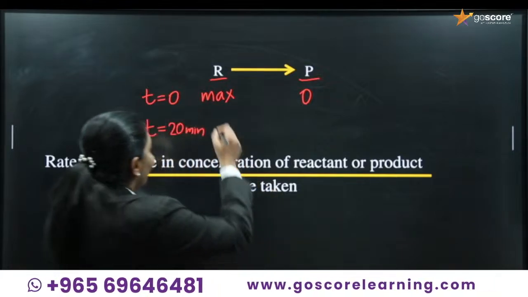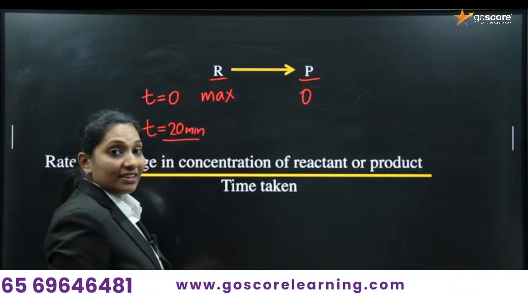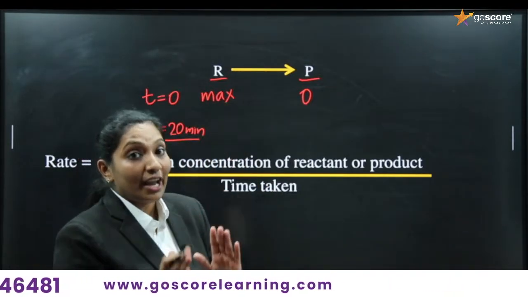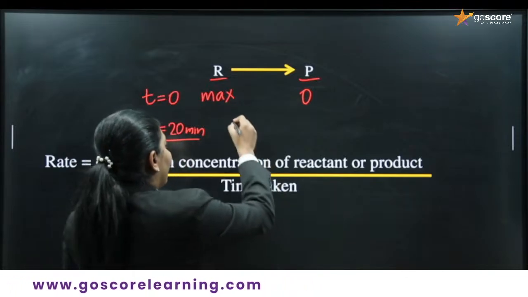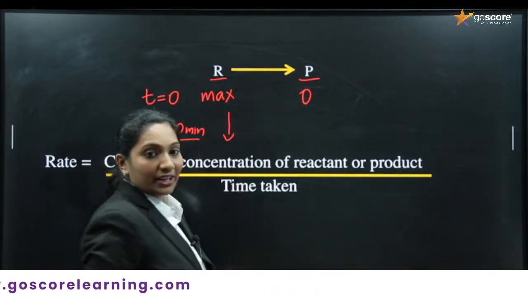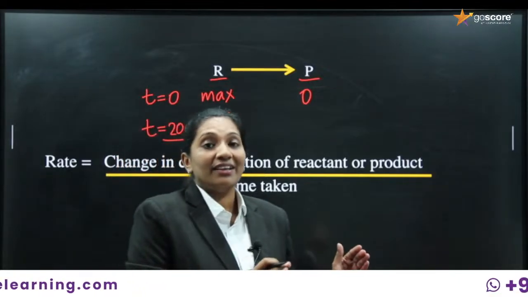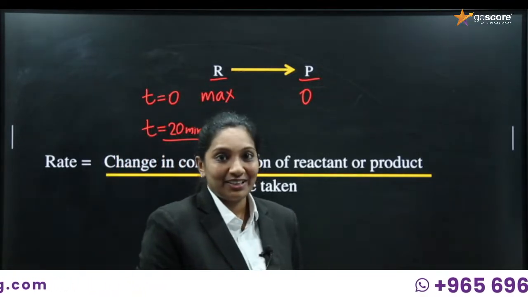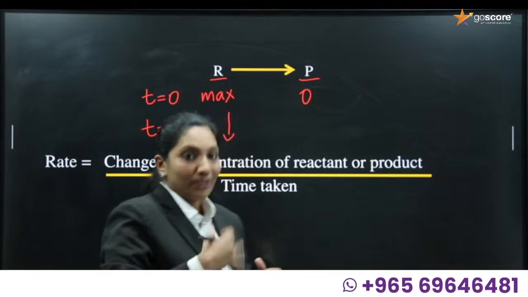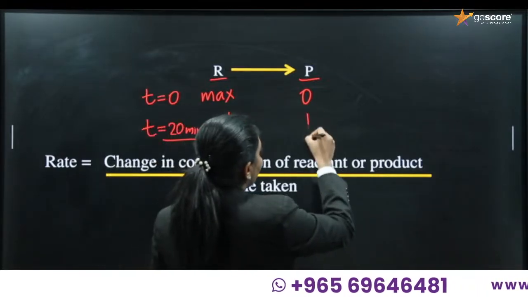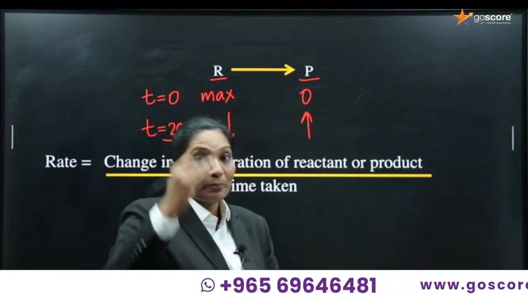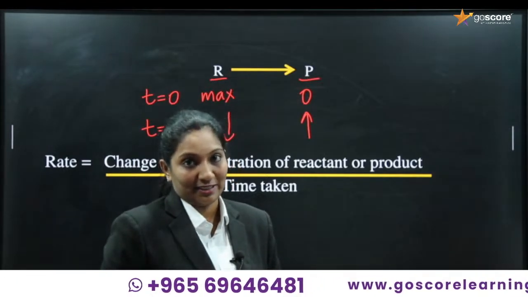Okay. So here we can see after 20 minutes, the concentration or the amount of reactant is decreasing. But at the same time, formation of product will occur and the concentration of product reaches maximum, or it is increasing.